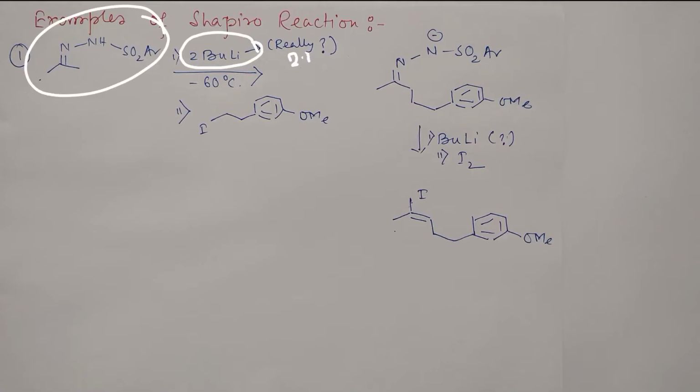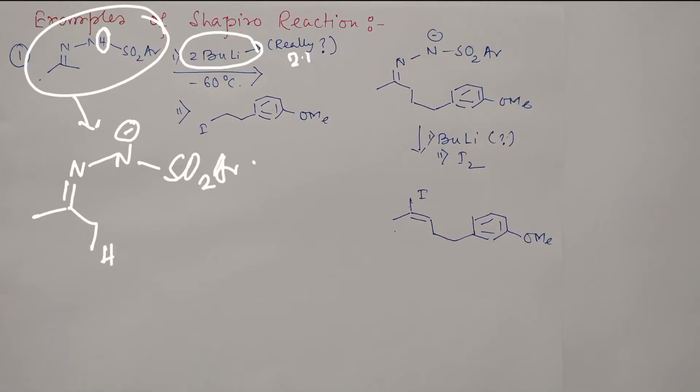If you use 2 equivalents of butyl lithium, the first equivalent is used to deprotonate this nitrogen, and it results in this nitrogen anion. And why is the second equivalent given? Because the second equivalent is needed to abstract this proton and generate the corresponding enolate type.